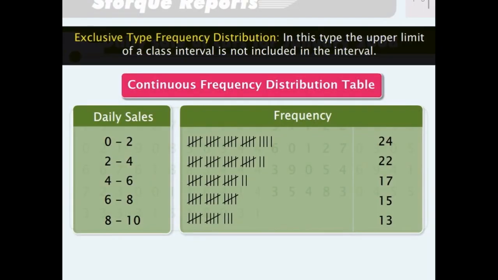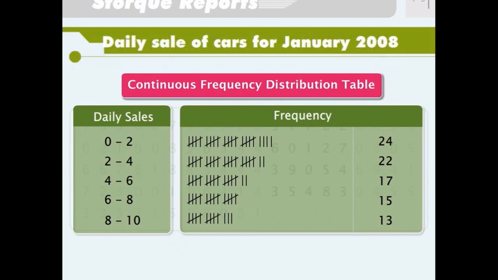The second type of continuous distribution is called the exclusive type frequency distribution. In the exclusive type, the upper limit of a class interval is not included in the class interval. For example, the value 6 is not included in the interval 4 to 6. It is included in the next interval, which is 6 to 8.